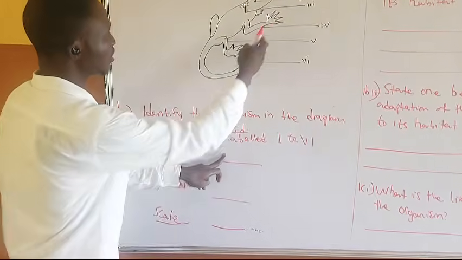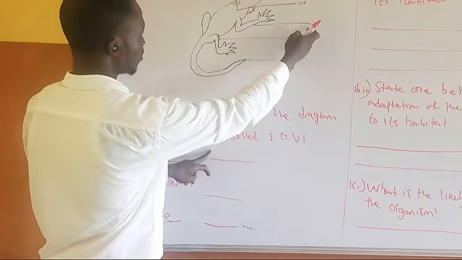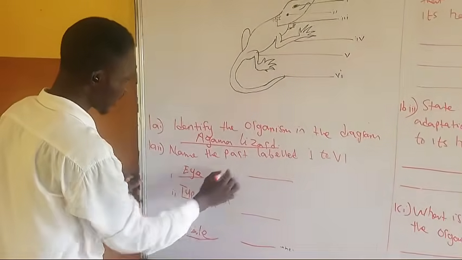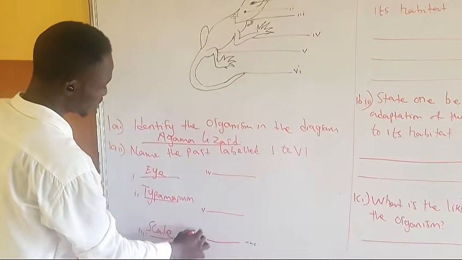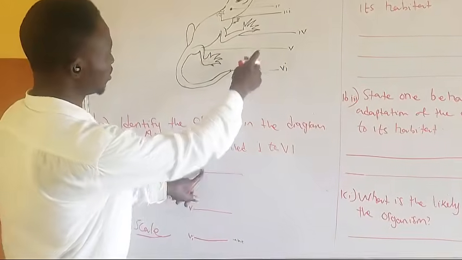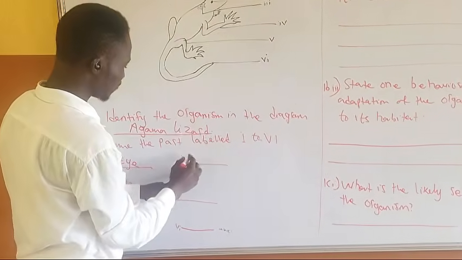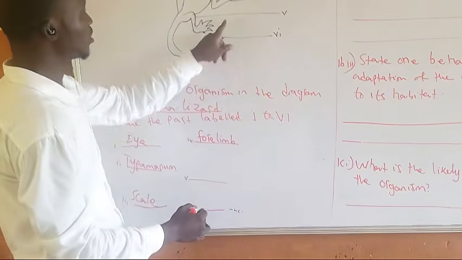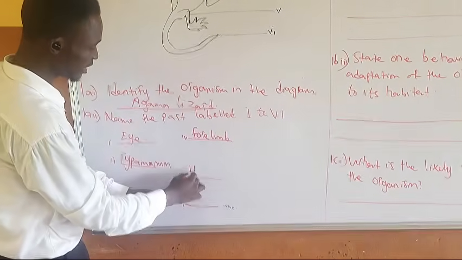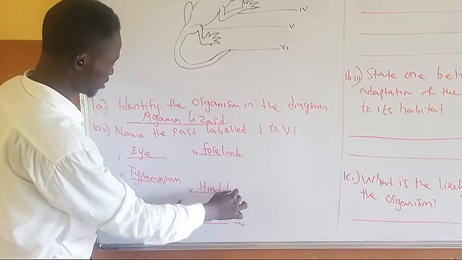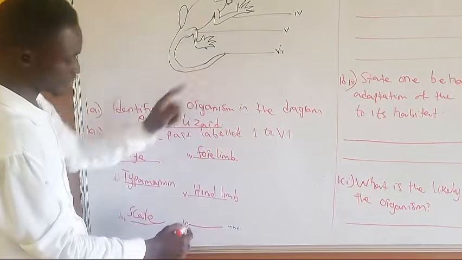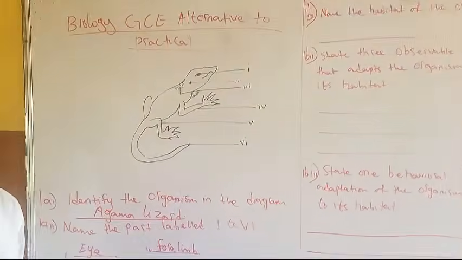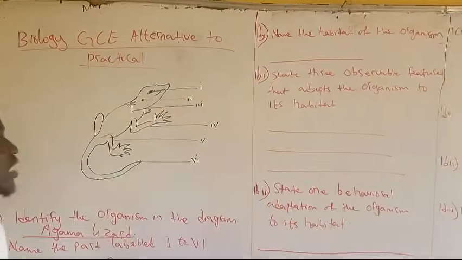The next one is IV, the fore limb. The next one is V, that is the hind limb, and the last one is the tail. Of course, that is the tail. Do we get that now? Very easy to understand. Now let's move to the next one.